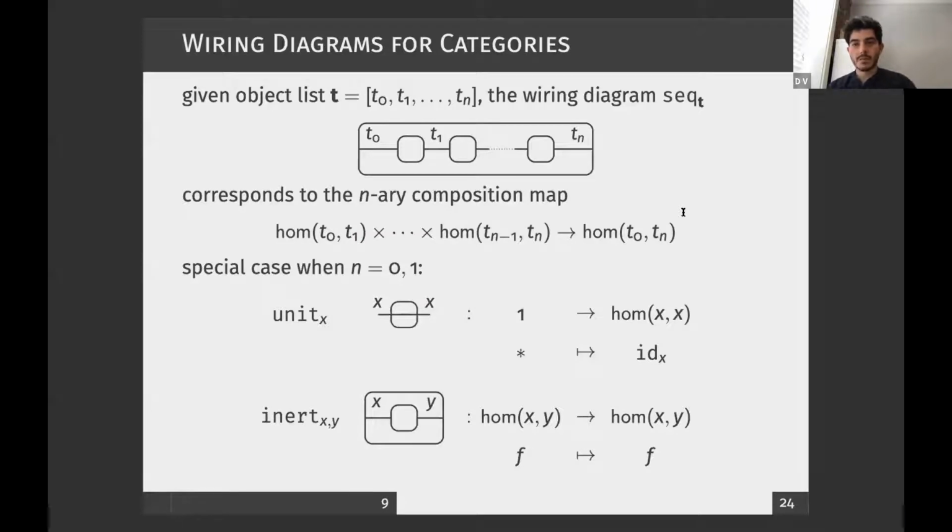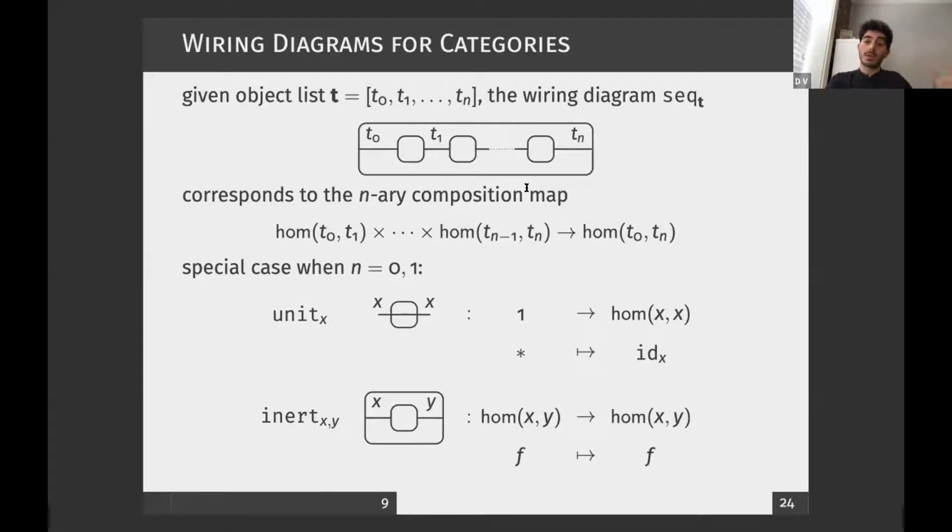Here are the wiring diagrams for categories. Given an object list T0 through Tn, so that's n plus 1 objects, the wiring diagram seq for sequential T looks like this. It's literally just n boxes chained together inside of a wiring diagram. And the goal is that this wiring diagram corresponds to the n-ary composition map that you would get in regular categories.